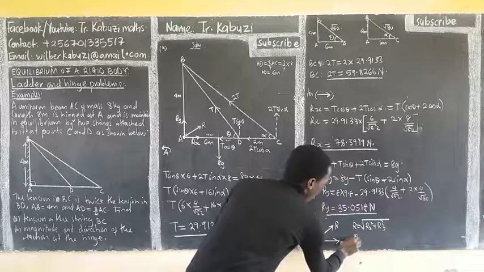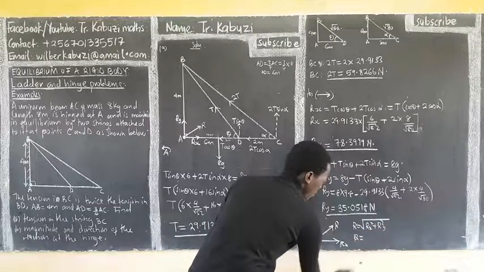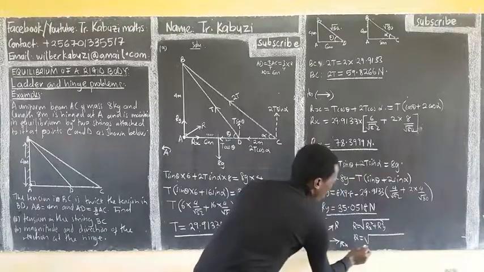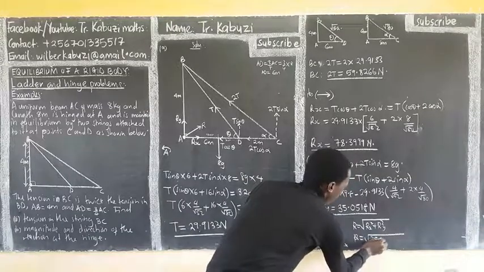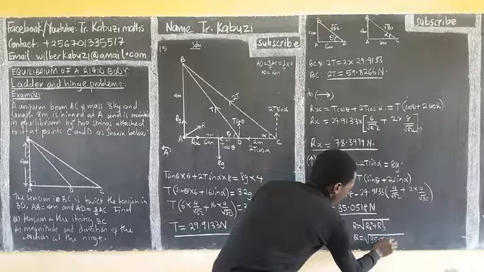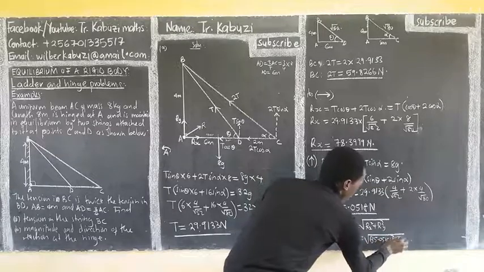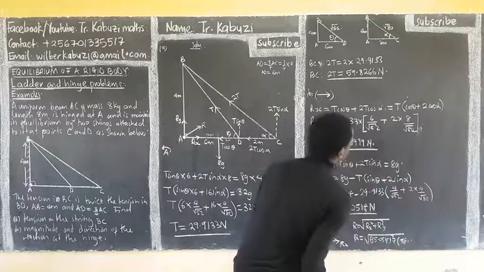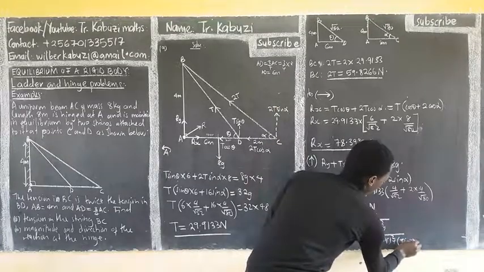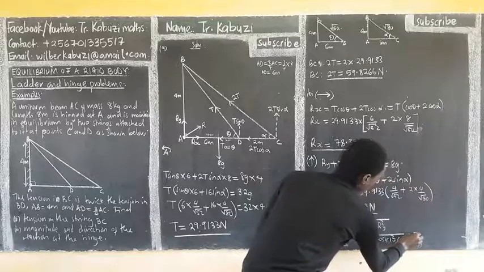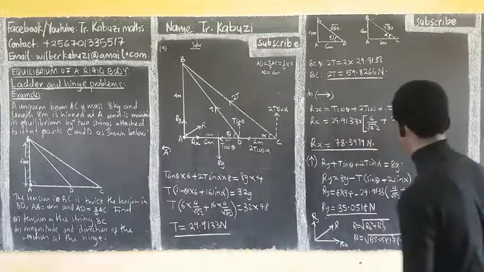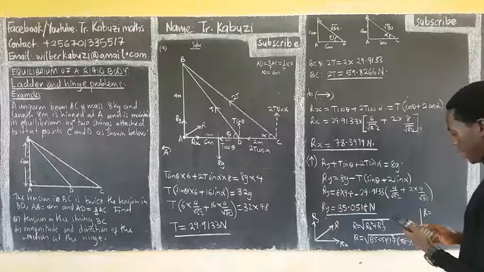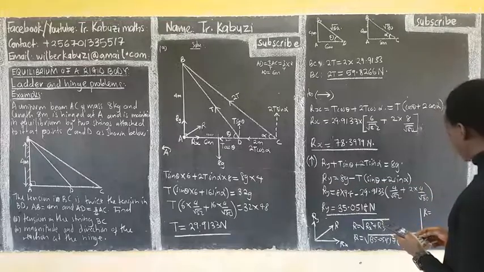So our R will be the square root of 35.0518 squared, plus 78.3991 squared.